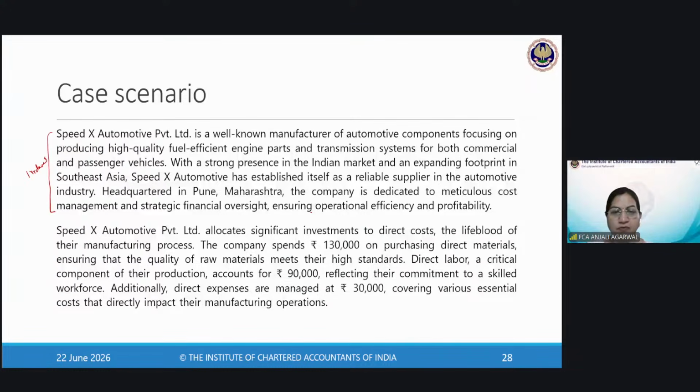No important information is to be retrieved from here. Now, the company spends rupees 1,30,000 on purchasing direct material, ensuring the quality of material meet high standards. Ignore. Direct labor, a critical component, 90,000. So far from entire paragraph, what I have come across is material 130, labor 90, and direct expenses 30. Okay, 130, 90, and 30.